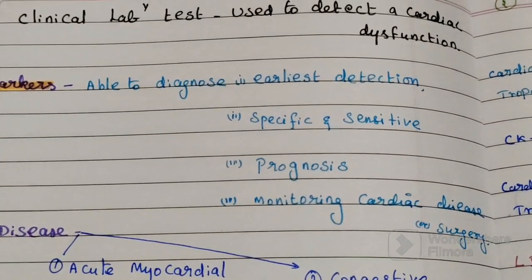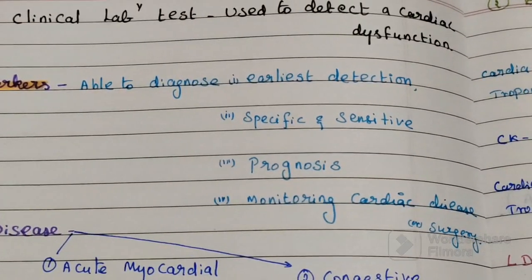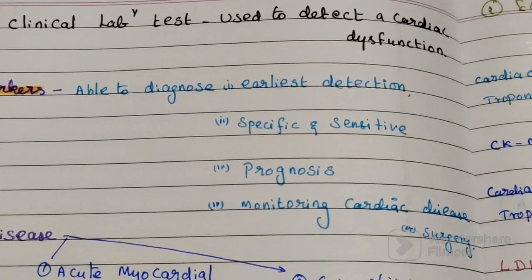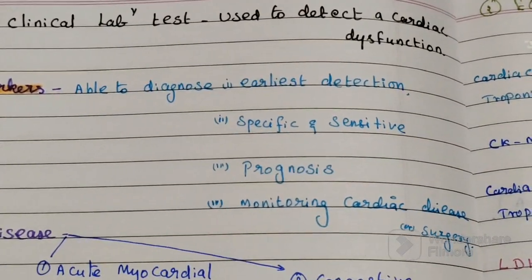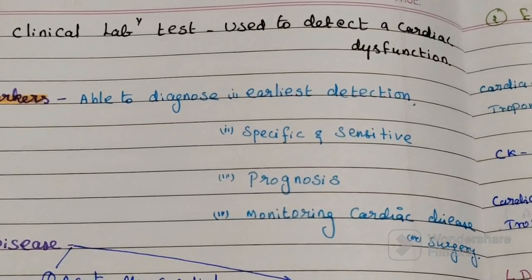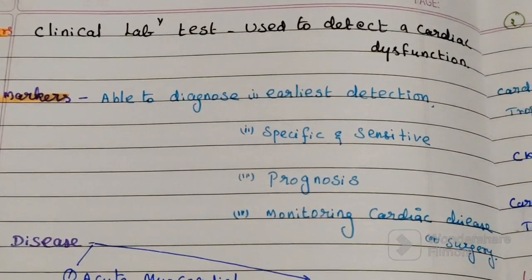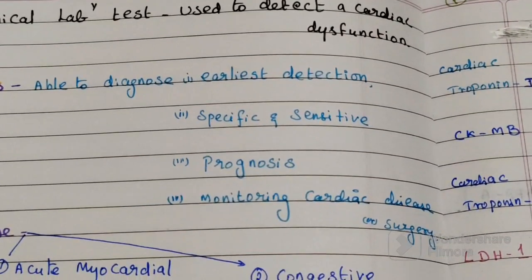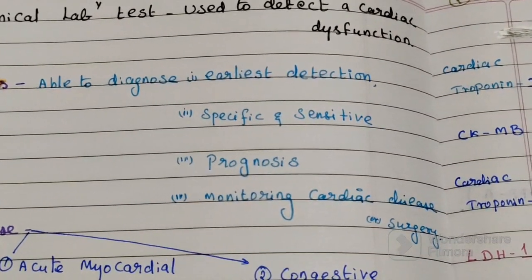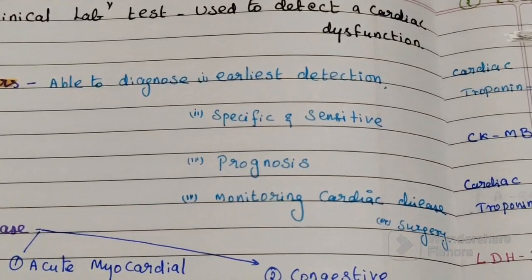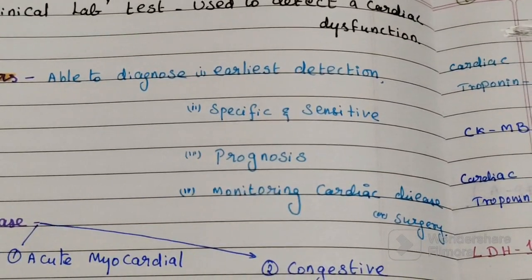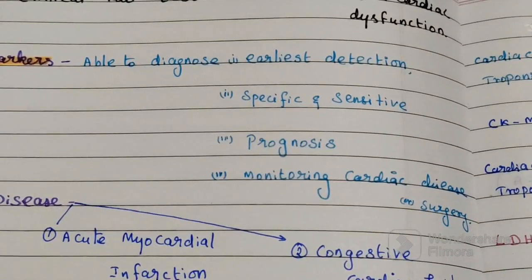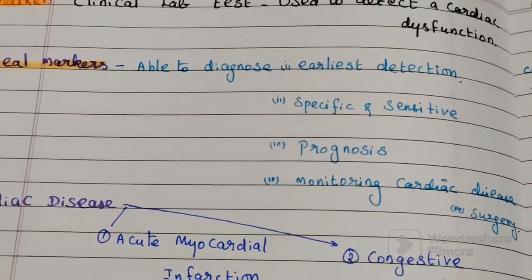Then it should be helpful in monitoring the patient with cardiac disease and also monitoring the patient with cardiac surgery. So these are the four important points for an ideal marker.